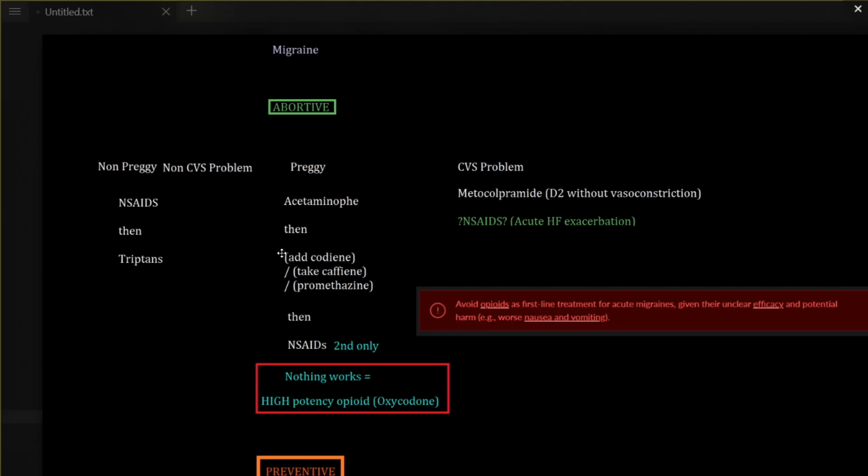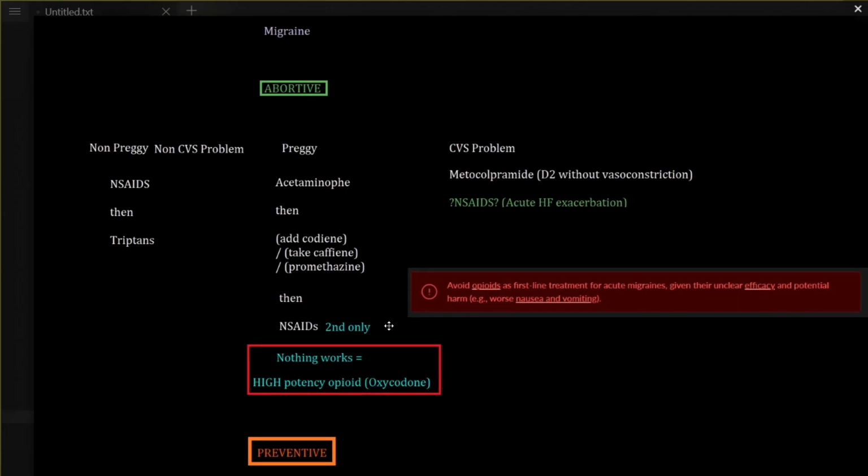If all these measures fail to improve the symptoms, then you can consider NSAIDs, especially if the patient is in the second trimester. If none of these is working, you can use a high potency opioid, such as oxycodone. This is for pregnant ladies: acetaminophen, then add a low potency opioid like codeine, then give them NSAIDs or high potency opioids.